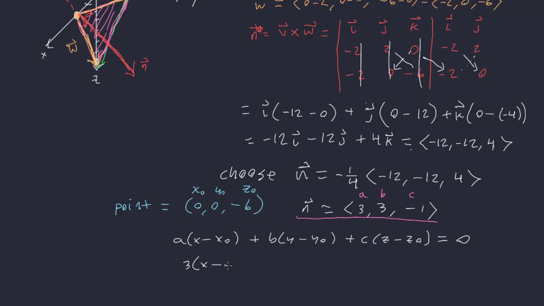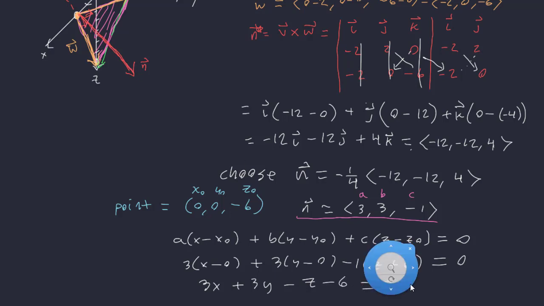It will be 3 times x minus 0 plus 3 times y minus 0 plus 1 times minus 1 times z minus a negative 6, so plus 6 equals 0. Right, so we get 3x plus 3y minus z minus 6 equals 0.